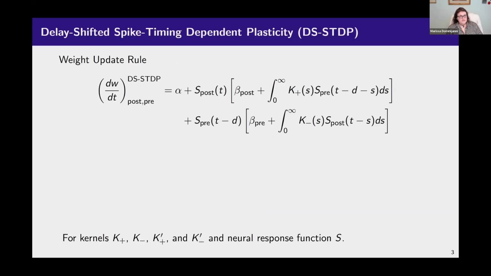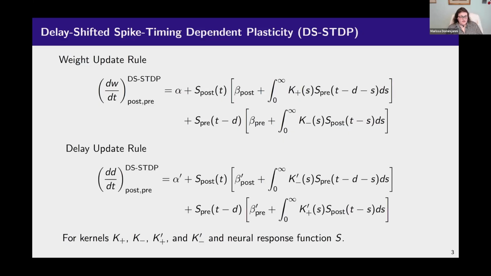And for the presynaptic gating, here again, we're offsetting it by the delay d. The delay update rule takes the same general form, except now the potentiative and depressive terms are flipped, in order to match the previously described Hebbian formula for this.